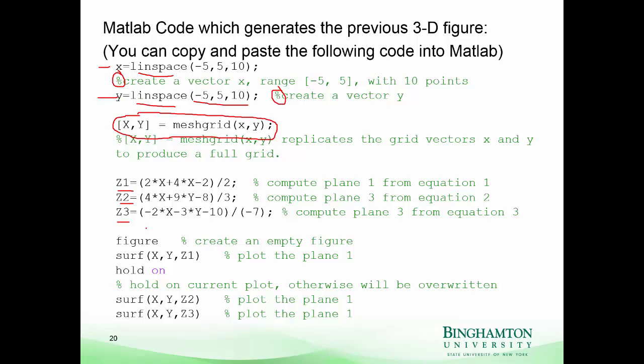And then we can do these plots here, which will plot all 3 of those planes. Again, just type this in if you want to see how it works and get a little experience typing things into MATLAB, but we'll come back and revisit this stuff.